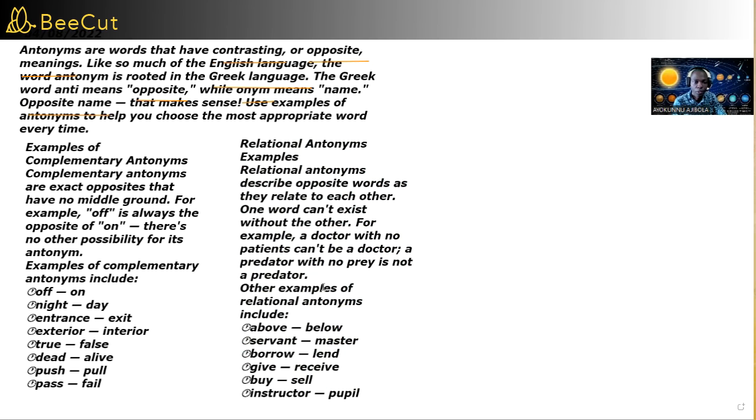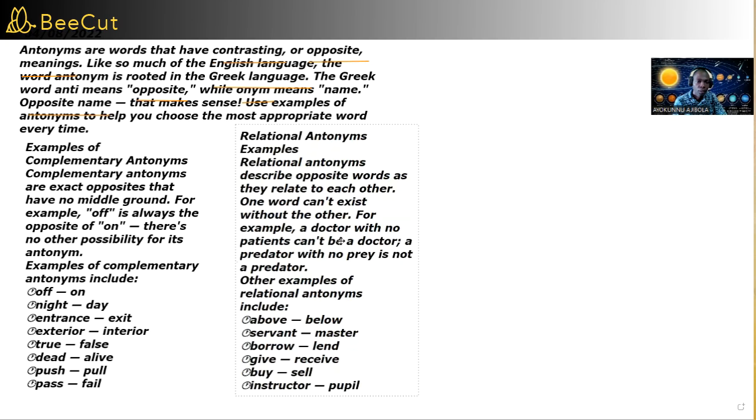Before you call something a predator, there must be a prey that it preys on. Here I have examples that include above, below, servant, master.